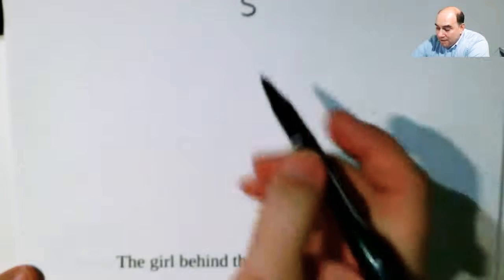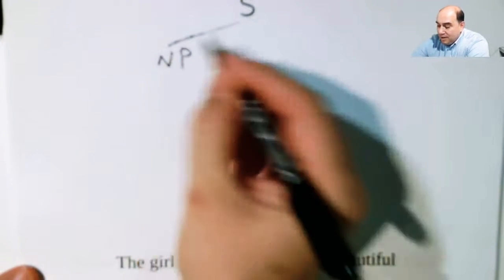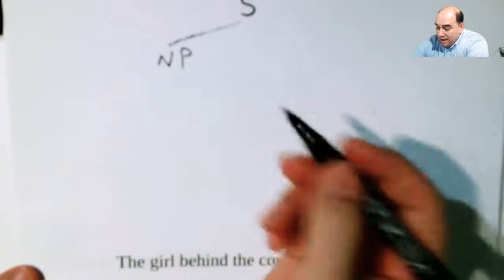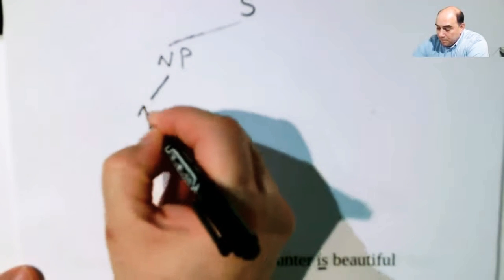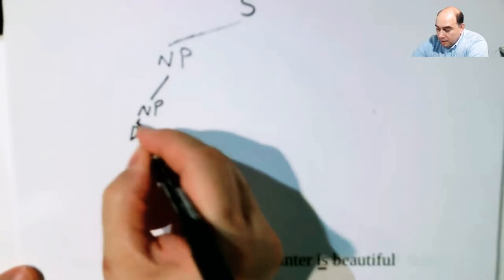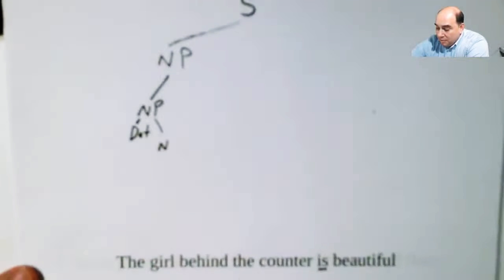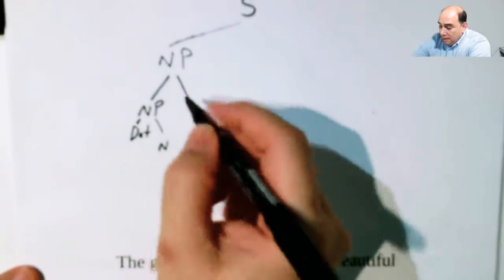So when I do my noun phrase, okay, noun phrase is going to have a variety of things in it. It's going to have a noun phrase, okay, with your determiner and your noun, and it's also going to have a prepositional phrase, behind the counter.